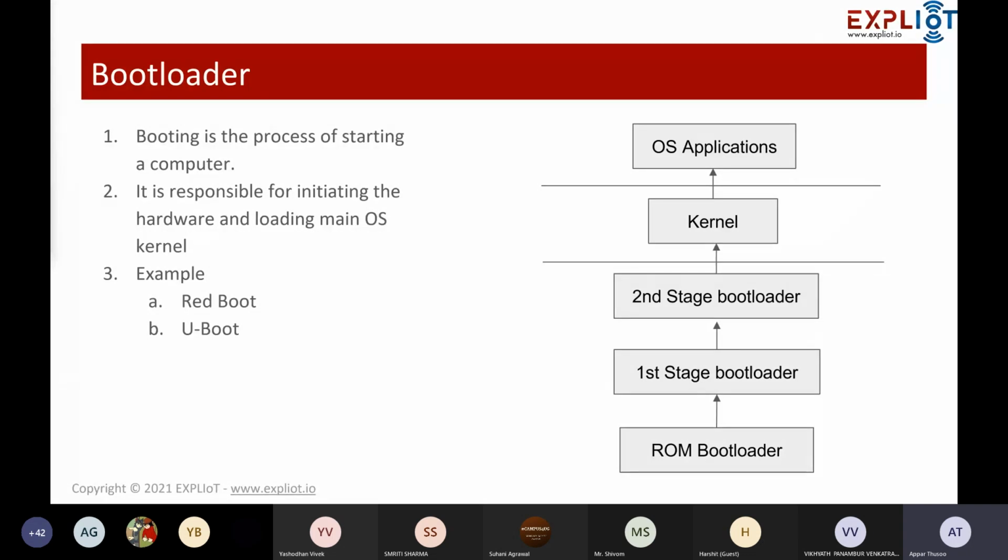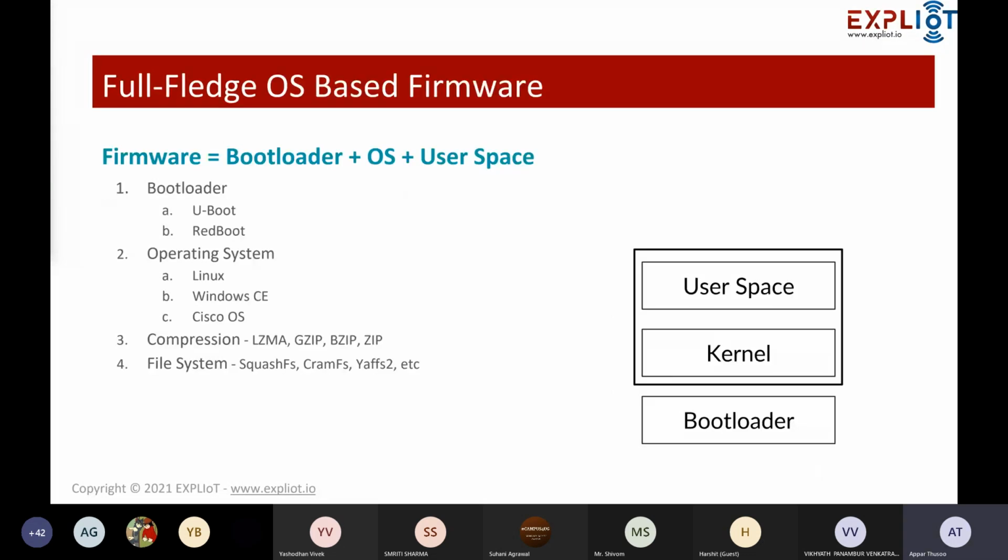Then finally, your evergreen Grand Unified Bootloader, which is your GRUB, which you'll come across in your Unix-based operating systems such as Linux. So, these are some of the bootloader examples. And as I mentioned, the OS basically consists of not just the firmware.